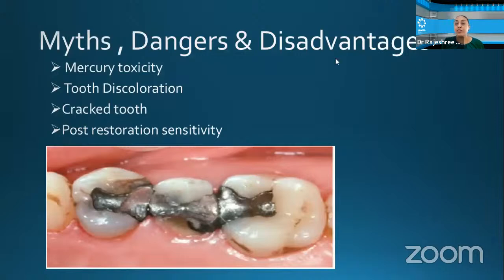What we need to do is be aware that mercury affects the fetus. So if there's a pregnant woman on the chair, or if you are pregnant, an amalgam restoration should not be done. So remember, that's where it's a problem.